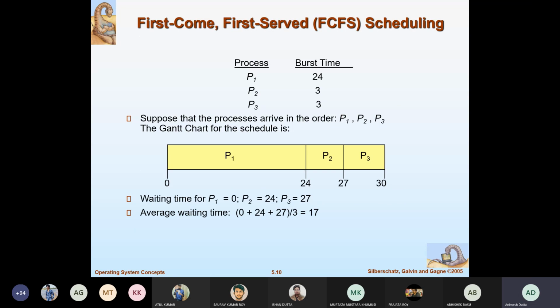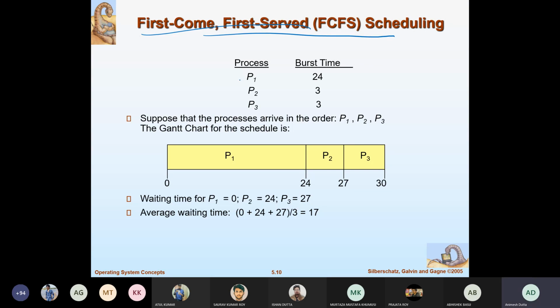So let us take the first example of our first scheduling algorithm. The basic fundamental algorithm for CPU scheduling is first come first serve. What it says is, the order in which the processes come into the system, in the same order they will be sent to the CPU for execution.